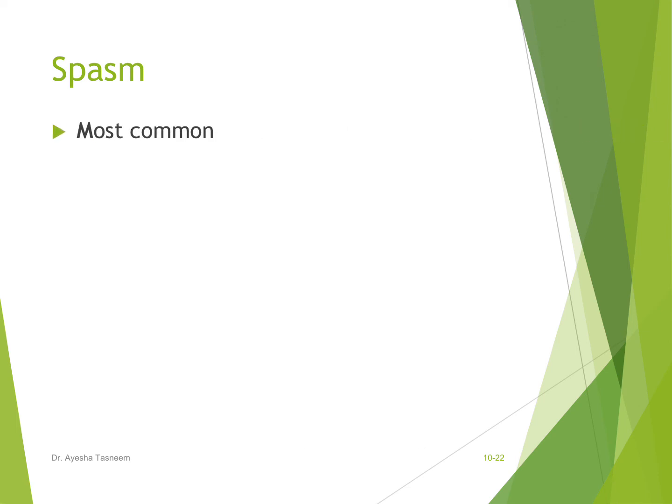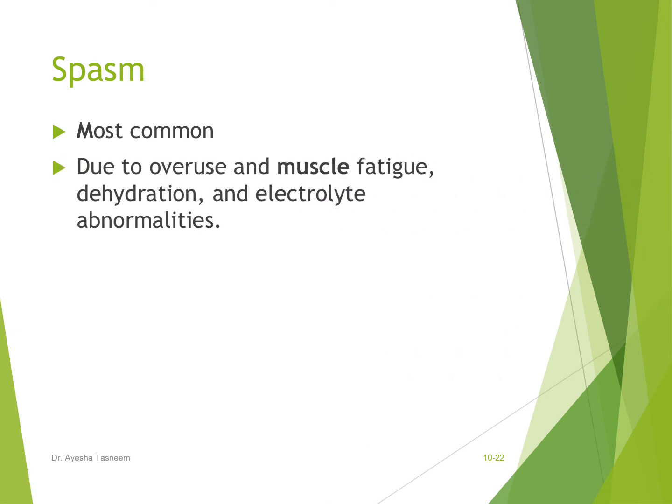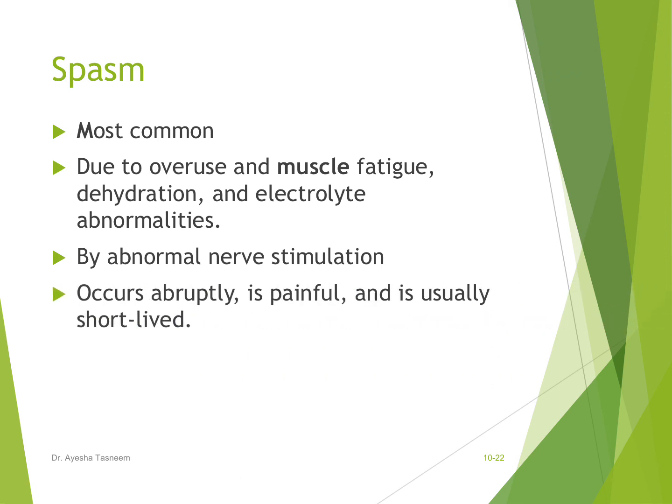It's the most common condition that can be due to overuse, muscle fatigue, dehydration, electrolyte imbalance, or abnormal nerve stimulation. It occurs abruptly and is very painful, and mostly short lived. It can be relieved by gently stretching the muscle.